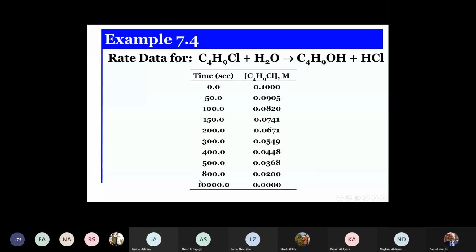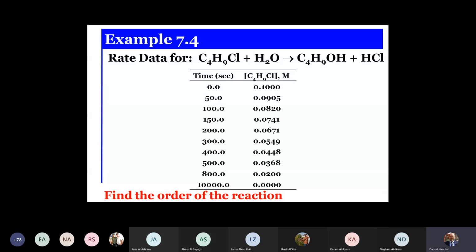Example. Consider the following reaction. We did an experiment in the lab and we measured the variation of C4H9Cl as a function of time. So we have the concentration of A as a function of time. The question: find the order of the reaction.